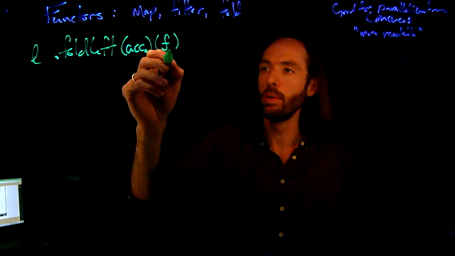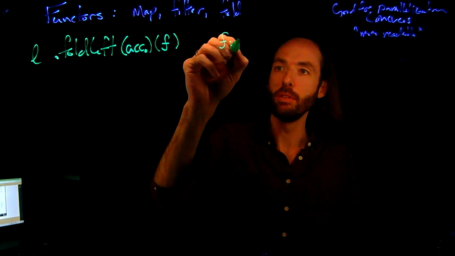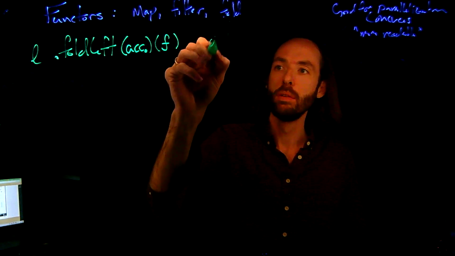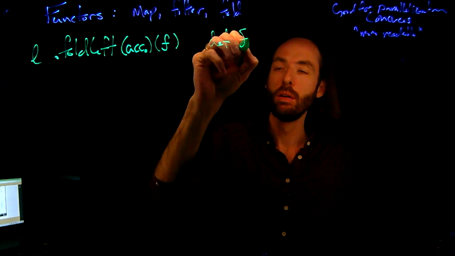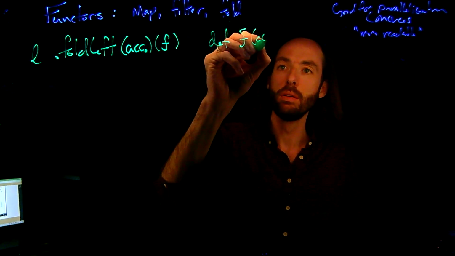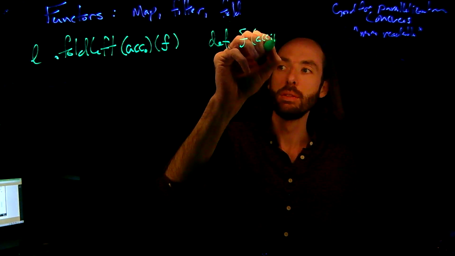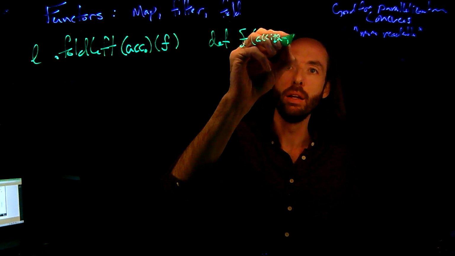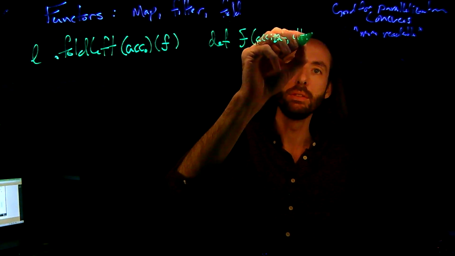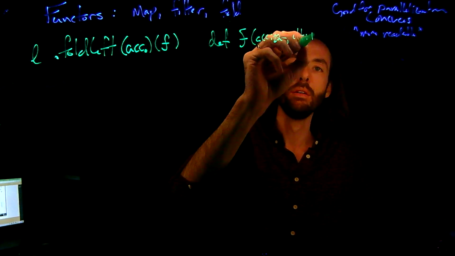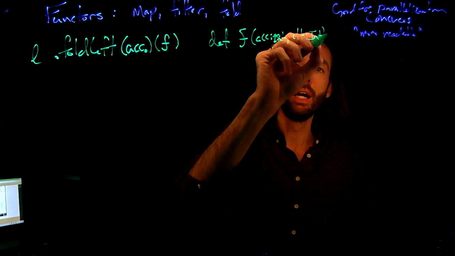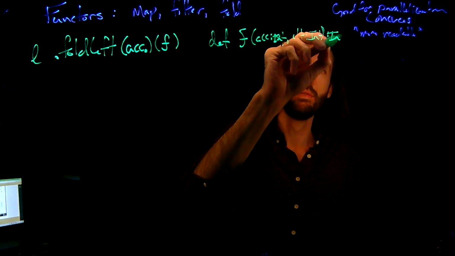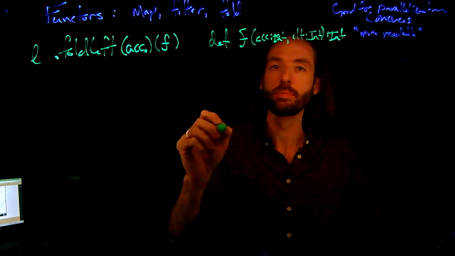The function has to be of the form accumulator, say it's an integer, and then an element, which is say also an integer, and it needs to return whatever the accumulator is.